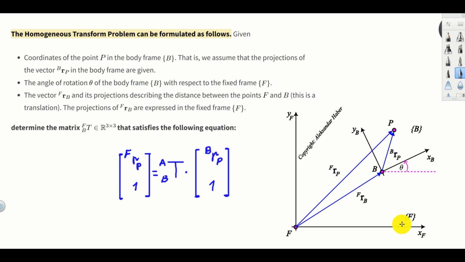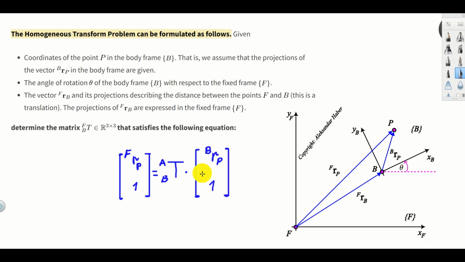Then, under these assumptions, we want to determine the homogeneous transform matrix denoted like this, T with subscript B and superscript A, that satisfies this equation. Let us interpret this equation.